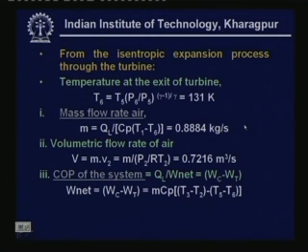So that is what is written here, W net is equal to Wc minus Wt, that is equal to m dot Cp into T3 minus T2 minus T5 minus T6. All the temperatures are known to us. So if you substitute these values, you will find that net work input to the system is 126.25 kilowatt. Therefore the COP is QL divided by net work input, that is 100 divided by 126.25, that comes out to be 0.792. So this is how we can calculate the required performance parameters.